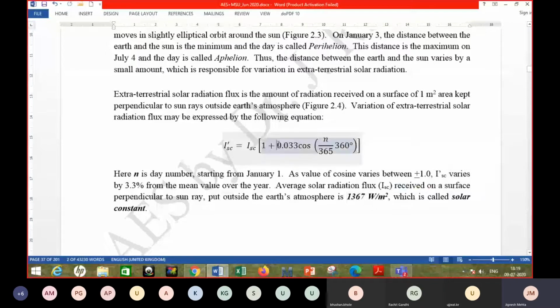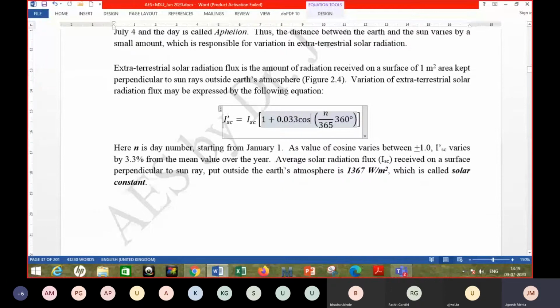But on a particular day, if you want to get extraterrestrial solar radiation, then you get it with this formula. So some easy formulas like this may be remembered, right? And some important numbers. Whatever formula number is to be remembered, I will explicitly tell. Otherwise, other equations you need not remember.